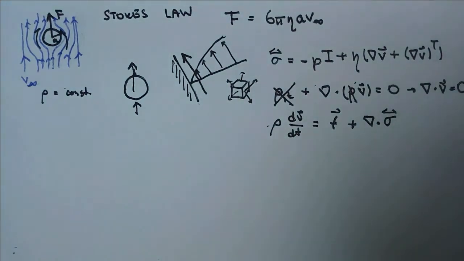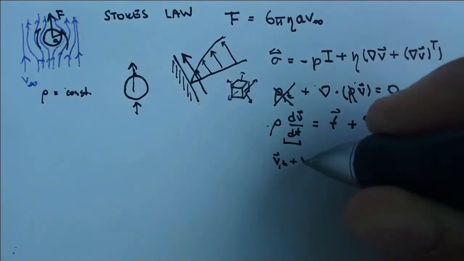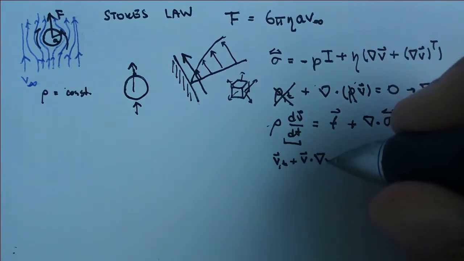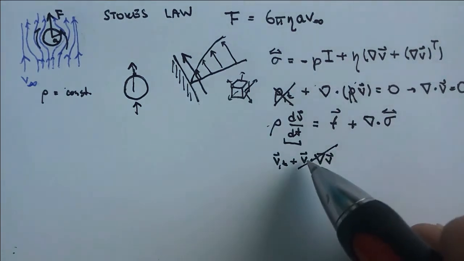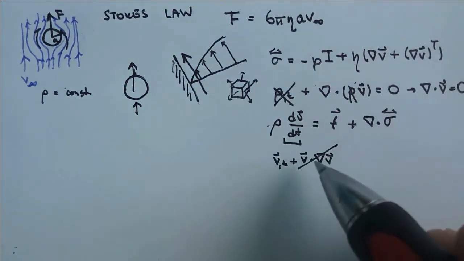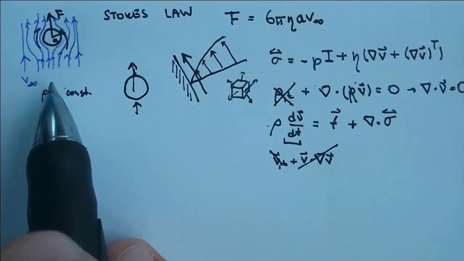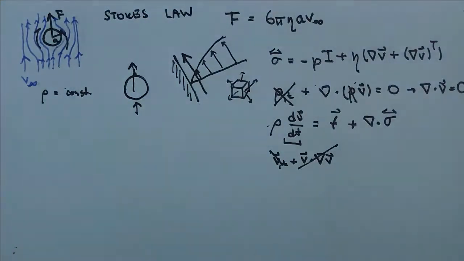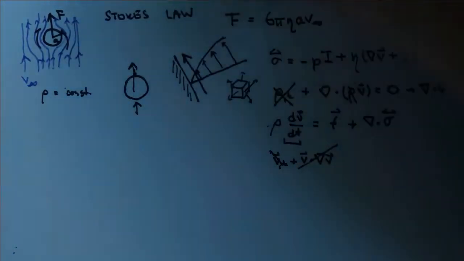So then this is the material derivative, which can be viewed as the derivative with respect to time plus v dot the gradient of v. This we neglect because v is small, so v squared is even smaller, and this is also 0 because we assume the fluid is stationary. We can do that because we can stick a rod to the sphere, so it's not moving, and the fluid is moving along these streamlines, so path lines are the same.